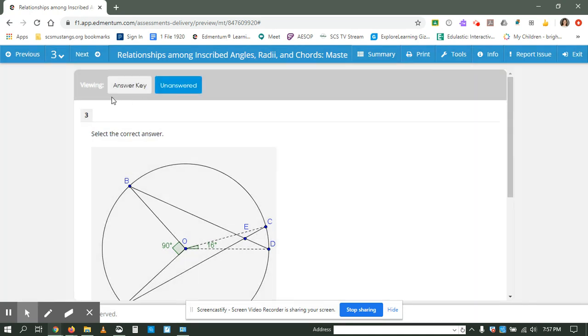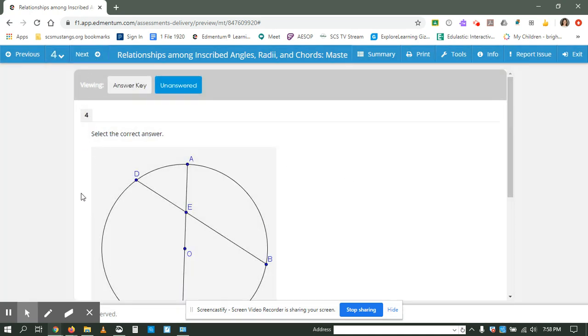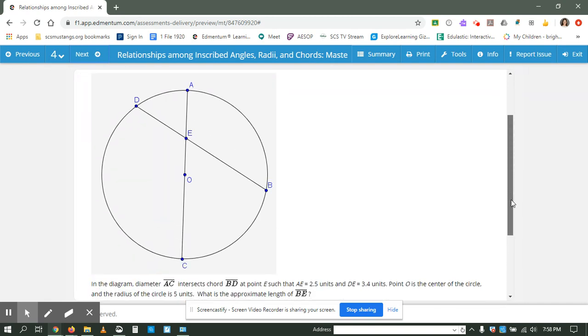If we take a look at the next one. I started to really like this question and think that it was a good one, but then I noticed that while they gave you AE and DE, which was great, they did not give you either of those whole entire chords. They only gave you that the radius is 5 units.